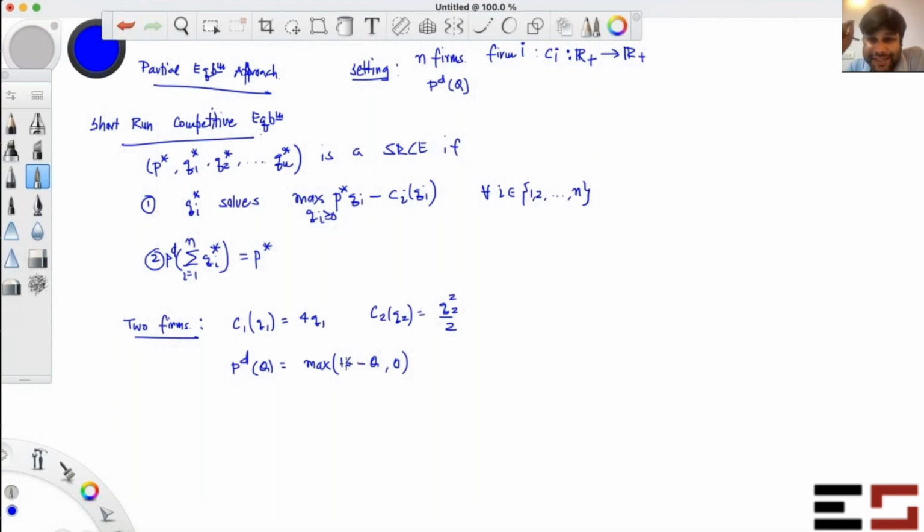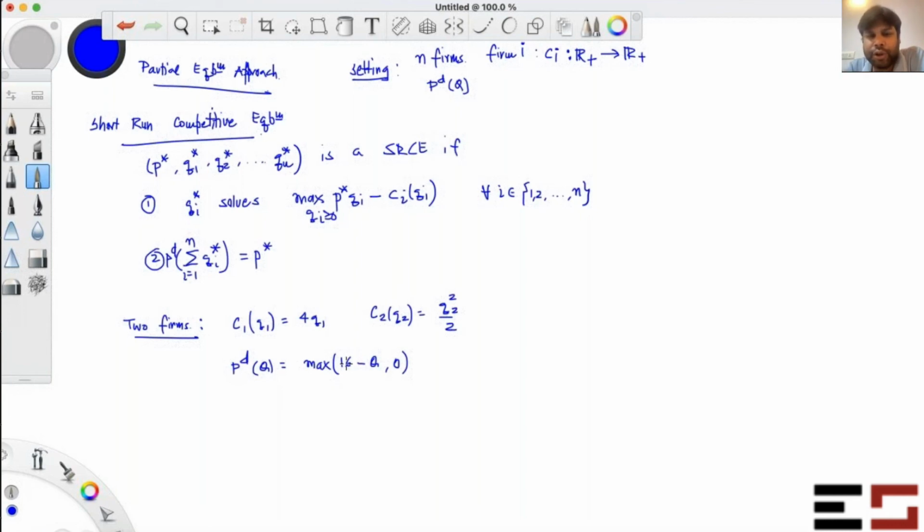Now if price is equal to 4, then firm 2 would want to supply 4 units. Okay, because firm 2 would want to supply Q2 equal to P. So as long as price is P, firm 2 would supply P units. So what that means is if P is 4, firm 2 would want to supply 4 units. Okay, but what is the total demand at price equal to 4?